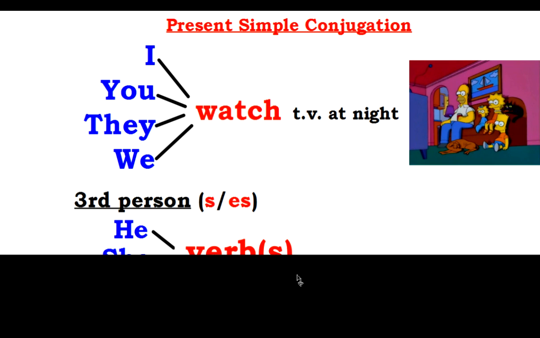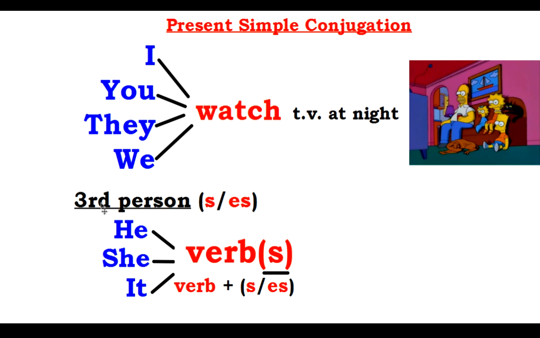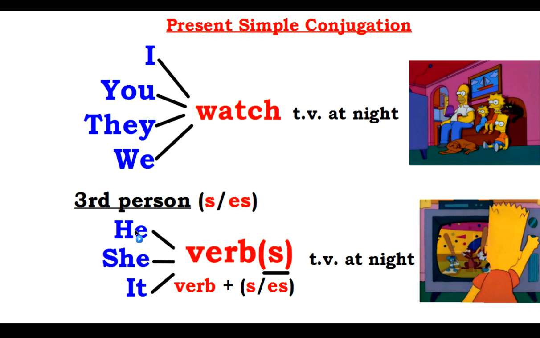Now, for the subjects he, she, and it, we use a third person conjugation. The verb and s, or es. For example, he watches TV at night.